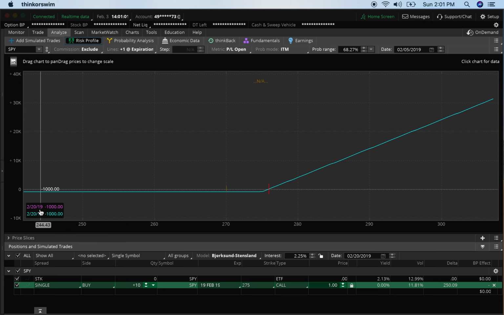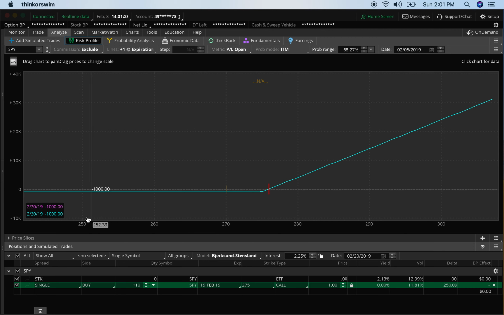Now let's look at the risk profile. Ignore these two numbers at first. Just look at the blue one. You can specify a sooner or a later date, but I'll get to that in a bit. All right, so the blue line. So this is a 275 strike, right? That expires on the 19th of February.